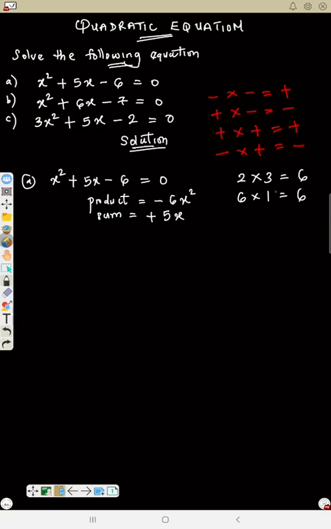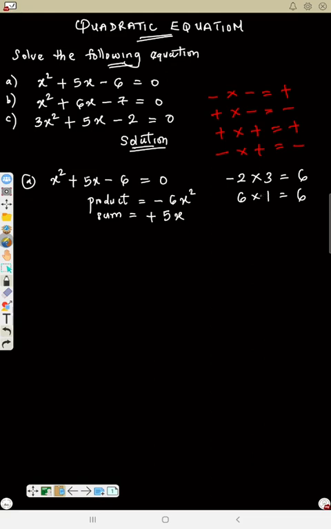That means one of these numbers should carry minus. But the sum is plus. Anytime the sum is plus and the product is minus, you need to put minus in the smallest number. Here 2 times 3, the smallest number is 2, put minus in 2. Here 6 times 1, the smallest number is 1, put minus in 1.